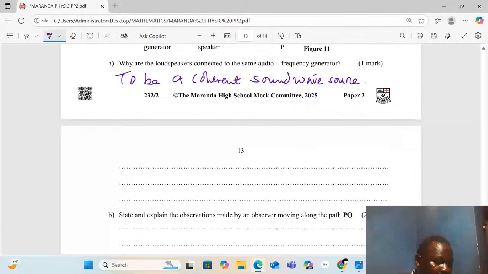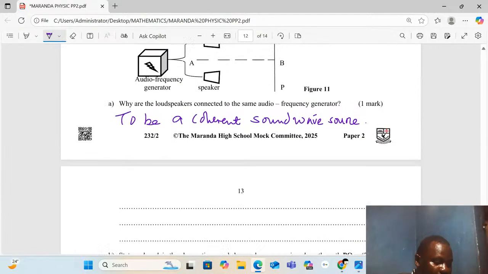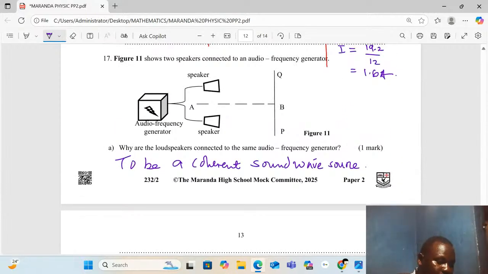State and explain the observation made when the observer is moving along the path PQ, up and down. Since you are moving along PQ, we expect the alternation of constructive and destructive interference.